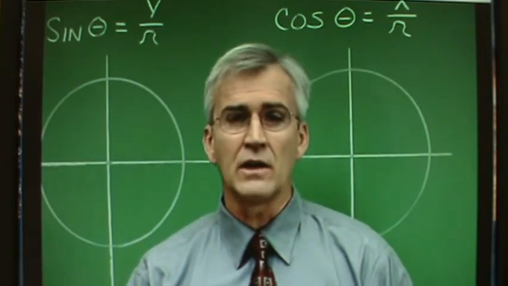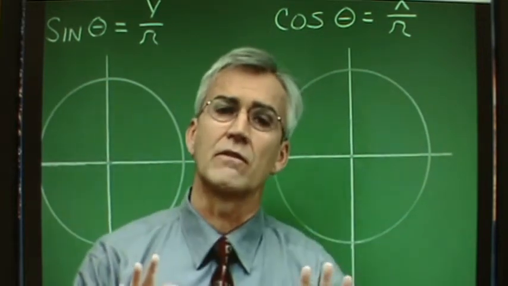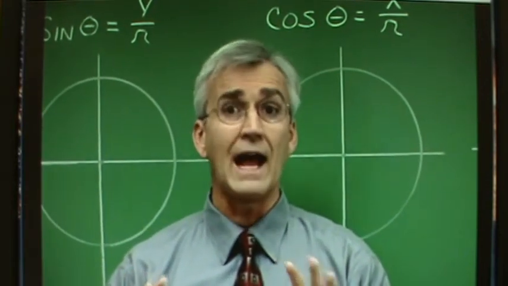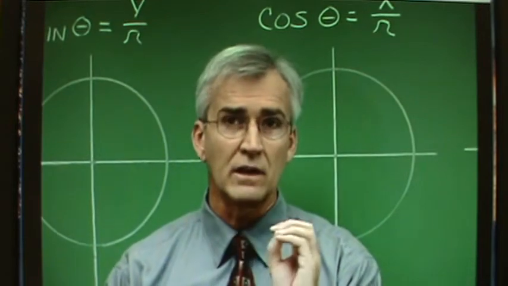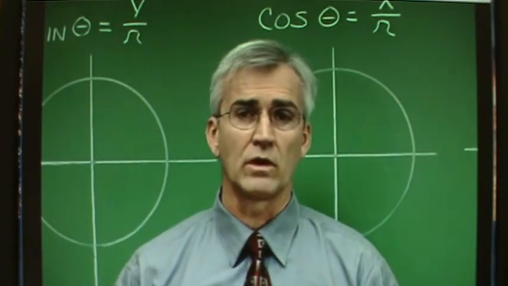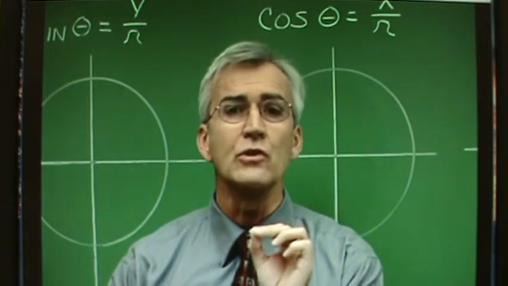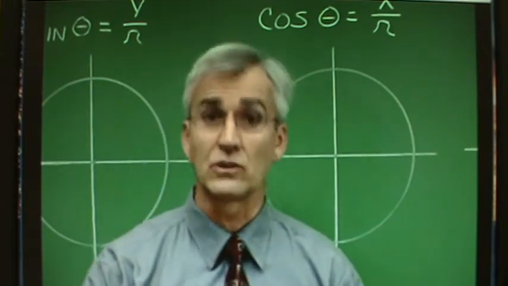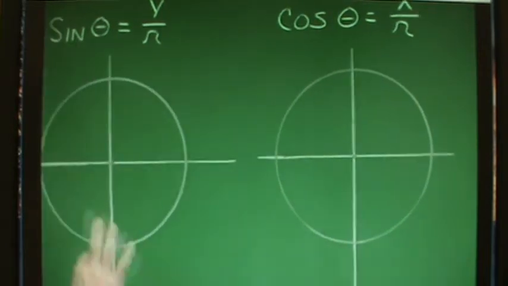And another emphasis is I want you to get a feeling for the flow of and the change in the values for sine theta, cosine theta, and tangent theta as we move throughout the coordinate plane. What values can the sine of an angle take on? That's the emphasis here. Okay.